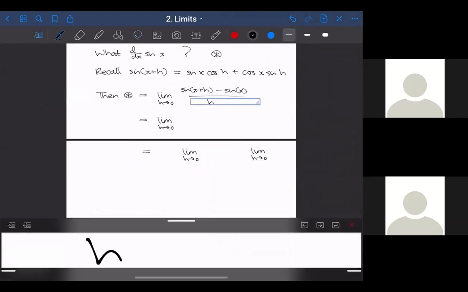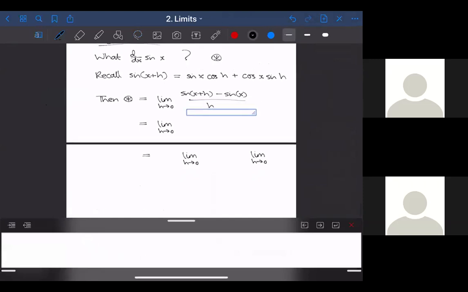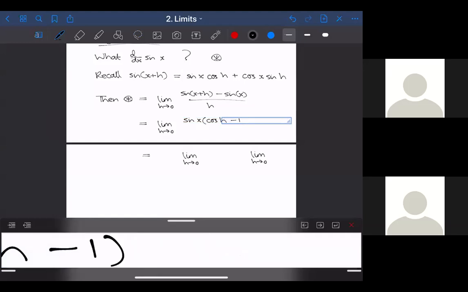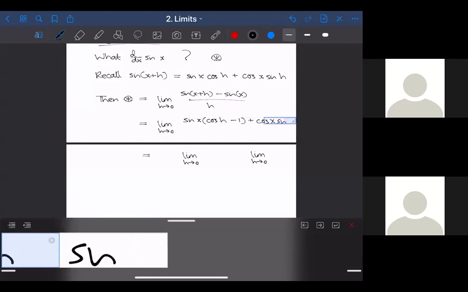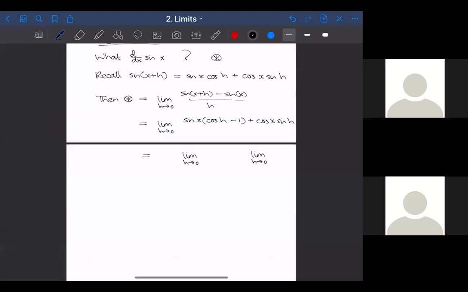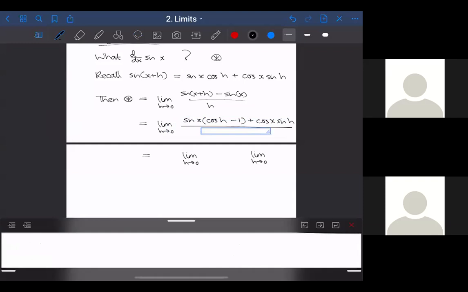Okay, so first let's use this formula where we have sine x times cos h, but we also have a minus sine x. So let's go straight and write cos h minus 1. And then we have the rest of the identity, cos x sine h, like this. And we're still all dividing by h.